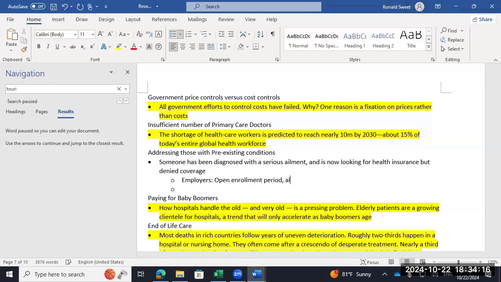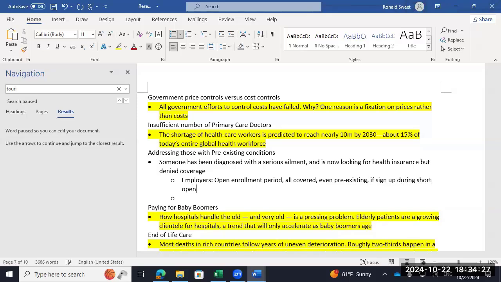So all covered, even pre-existing, if you sign up during the short open enrollment. Outside of that, you're not covered.